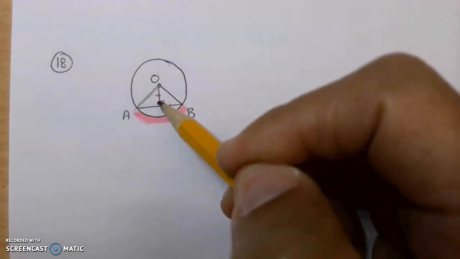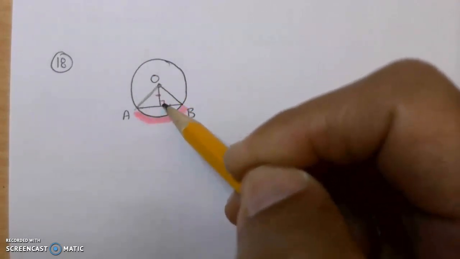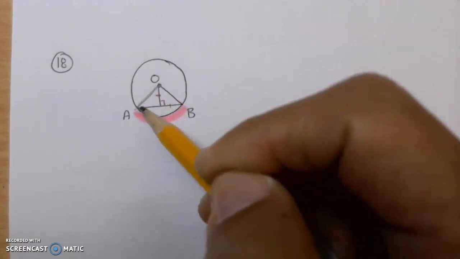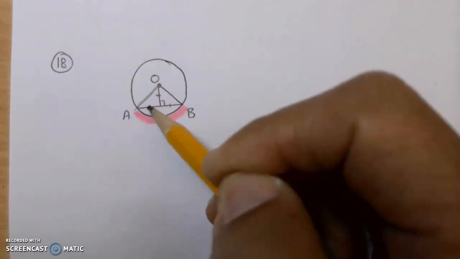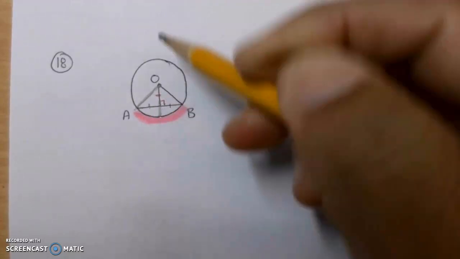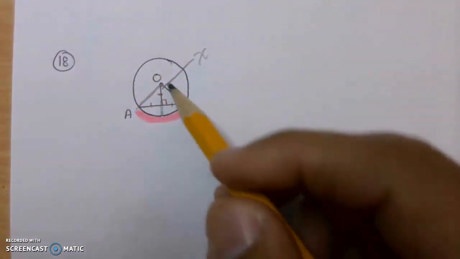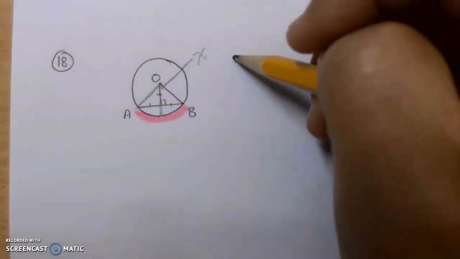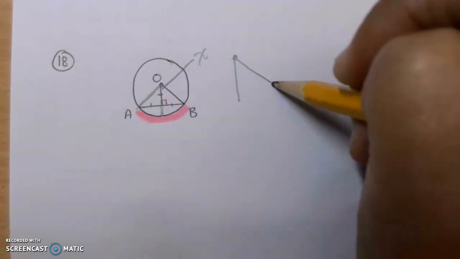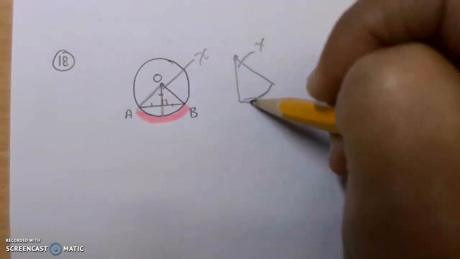And again, this here is a radius, and it splits this particular chord AB in half. So this is the same. If I continue on, I'm going to put an x here because I'm going to figure out that x degrees. This is a central angle. And whatever this x is, it's going to be the same as this arc measurement.